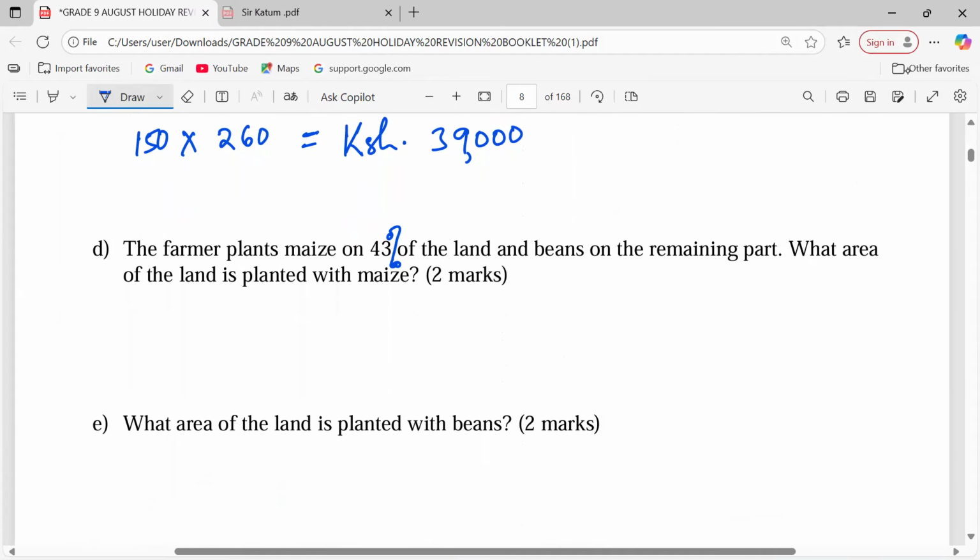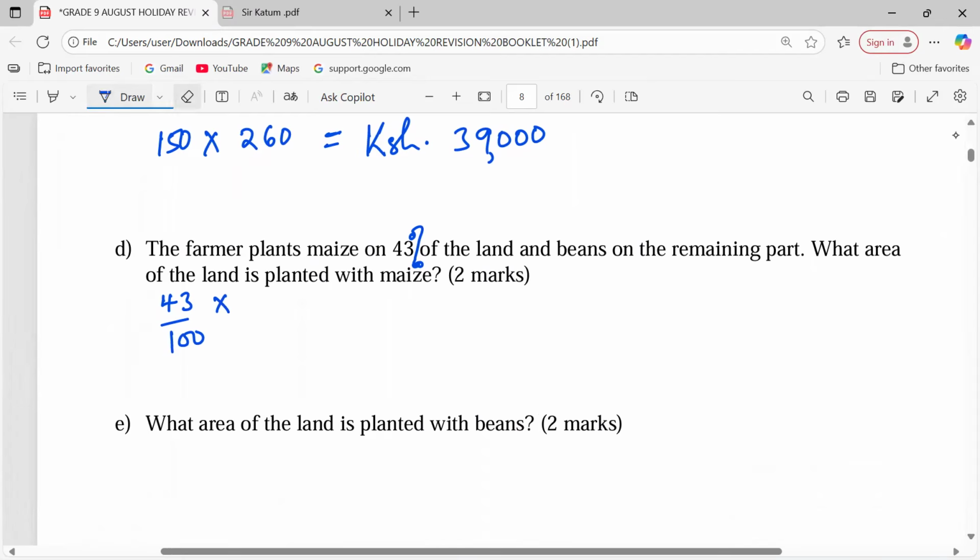The farmer plants maize on 43% of the land and beans on the remaining part. What area of the land is planted with maize? So maize shall be planted on 43% of the total land. So the total area is it 4,000?